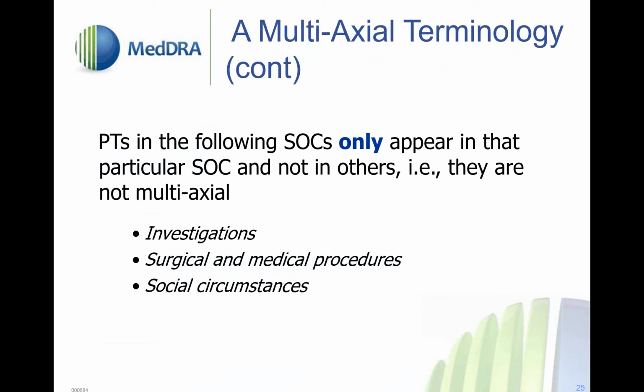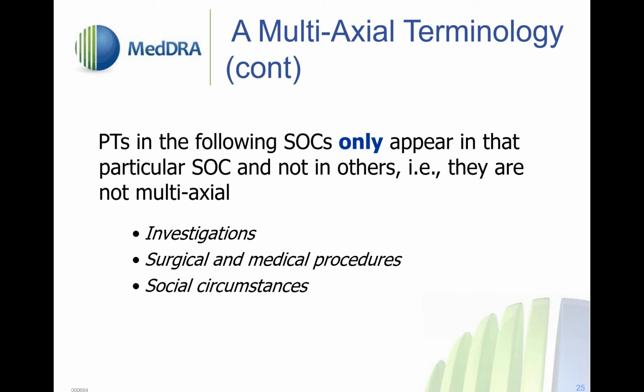And if you think about why they are uniaxial, well, if you do a lab result on a patient, or an X-ray, or any kind of investigation, that may be related to more than one body system, more than one condition, more than one disease entity, regardless of what that investigation was. Same for surgeries. If the patient undergoes a surgical procedure or a medical procedure, that procedure may be related to more than one disease entity, more than one system organ class, more than one body system.